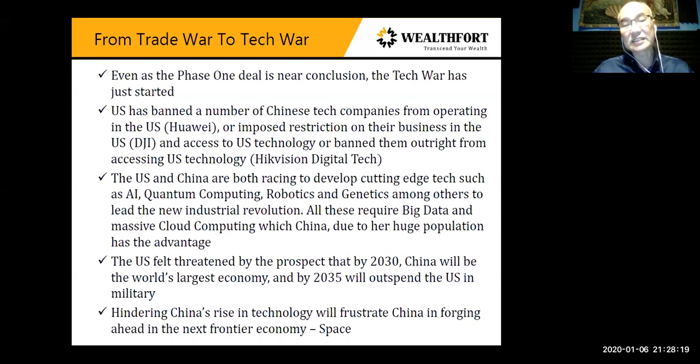So the thing is, this actually worried the US because the next thing they want is for China to be able to bridge the gap with the US in expanding their reach in outer space, or within the solar system.